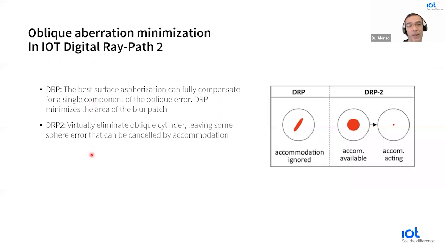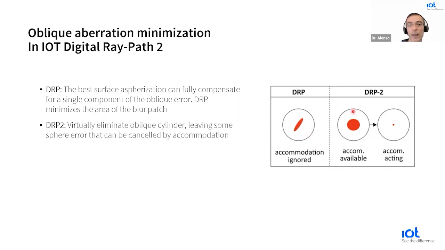And this is the main difference between DRP and DRP2, what we call the physiological compensation. DRP will try to make the blur patch on the retina with the smallest possible area. DRP doesn't care if there is some astigmatism. It will try to reduce the area as much as possible.